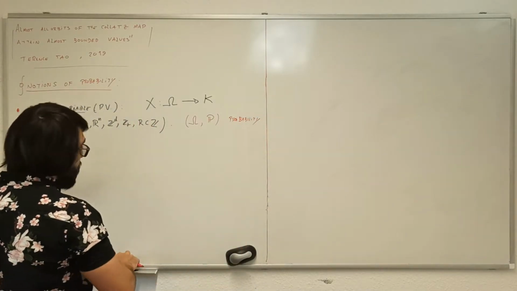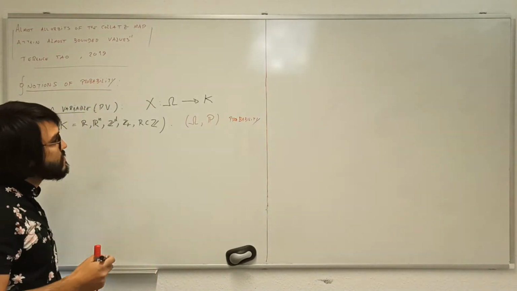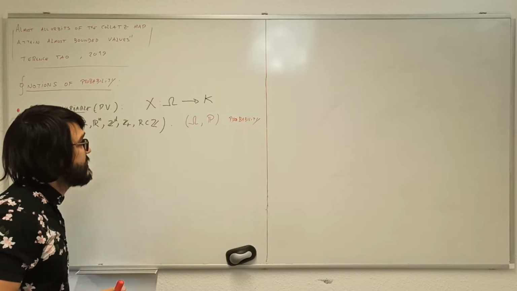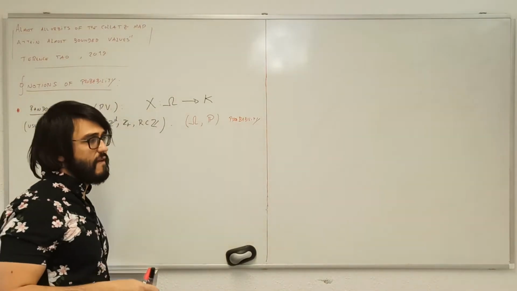Yeah, and this probability space comes with a measure, which we'll call P, which allows you to measure things, and this is also called the event space.